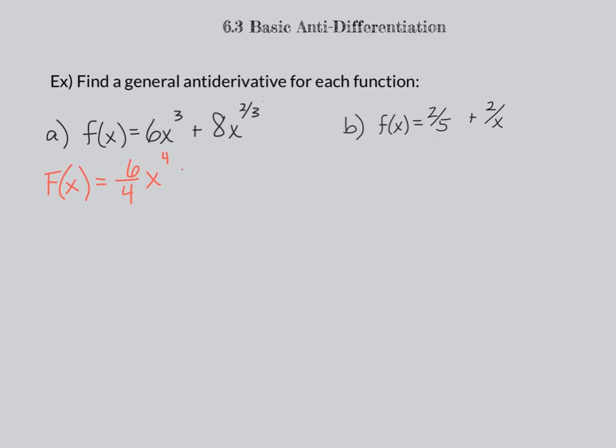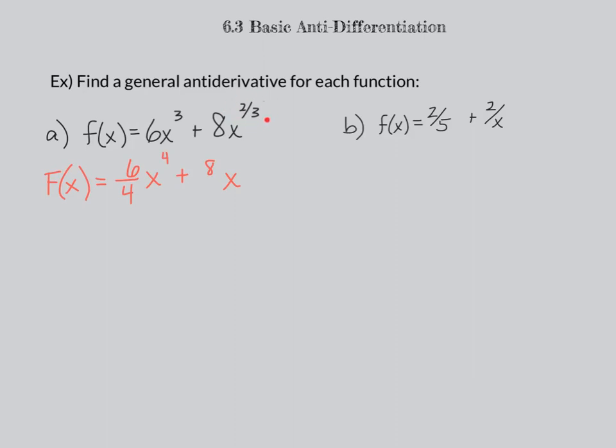Okay, next, we're going to do the same thing. Just because 2/3 is a fraction doesn't mean it follows any other rule. You know, we still can add 1 to it and divide. It's all good. You just need to be patient with your algebra. So we're going to have an 8. Okay, now what we have to do is figure out what plus 1 is here.